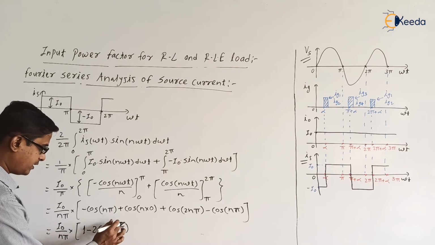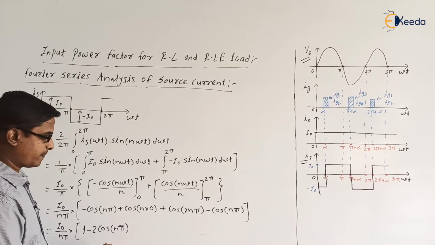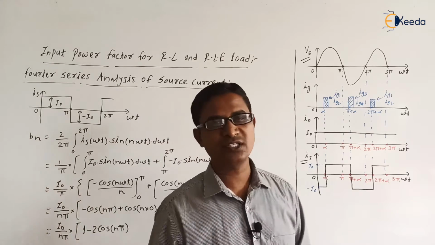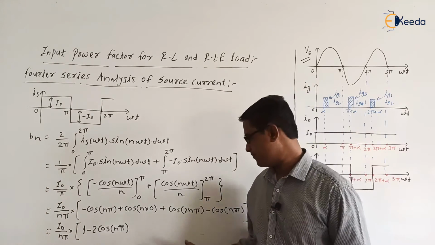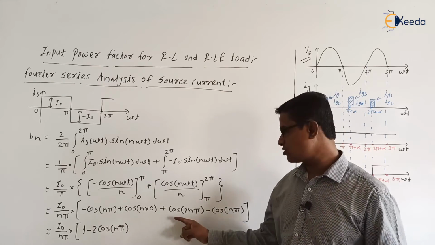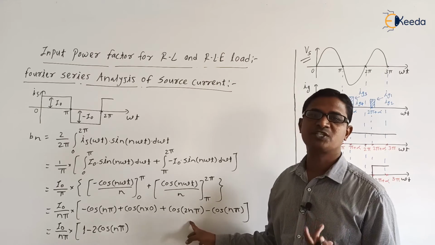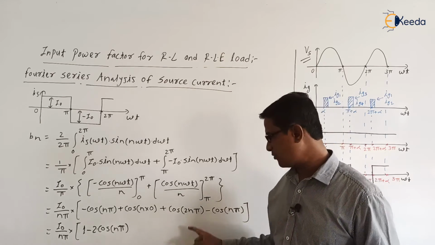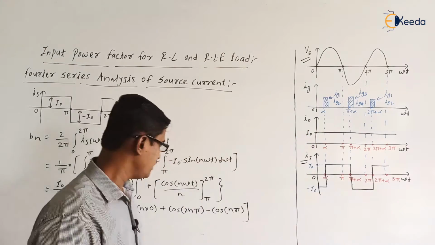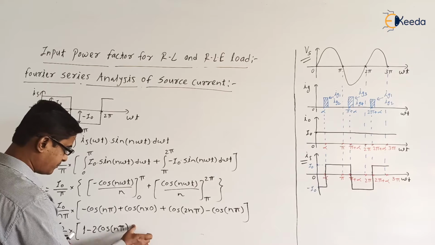Next, plus cos of 2n pi. If you check cos of 2n pi for n equal to 1, it is cos of 2 pi, cos 2 pi is plus 1. For n equal to 2, it is cos of 4 pi, cos 4 pi is plus 1. Cos of 6 pi is plus 1. Can we say that this value for all values of n will be 1 only? So this is plus 1.